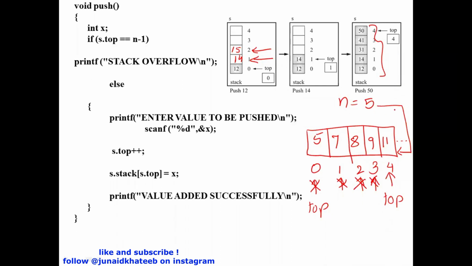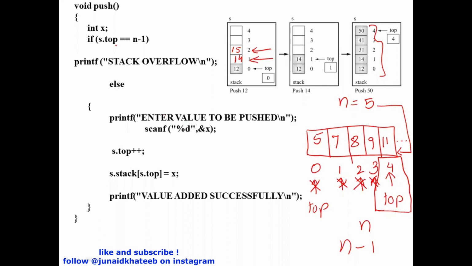If there are 100 values, the last index would be 99. If there are n values, my last index is always n minus 1. So if the value of this variable top is equal to n minus 1, that means the stack is full. So this is how we are going to work.